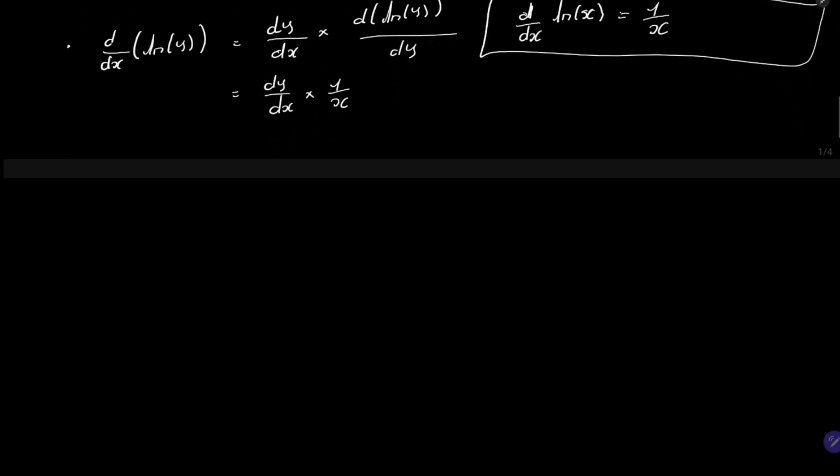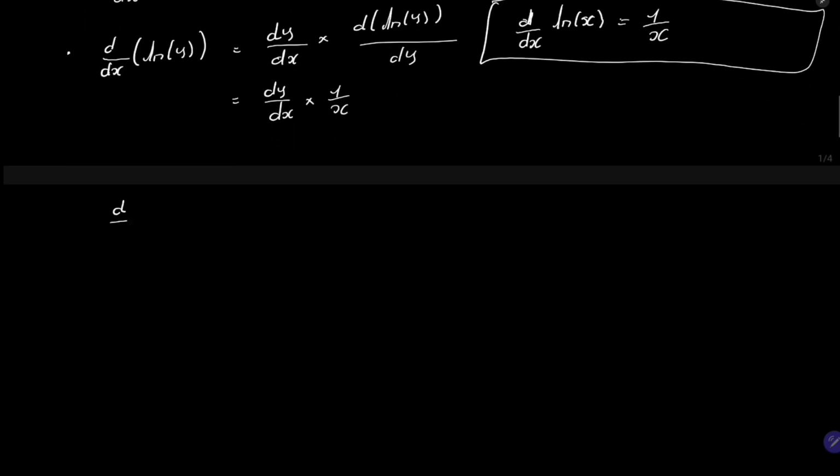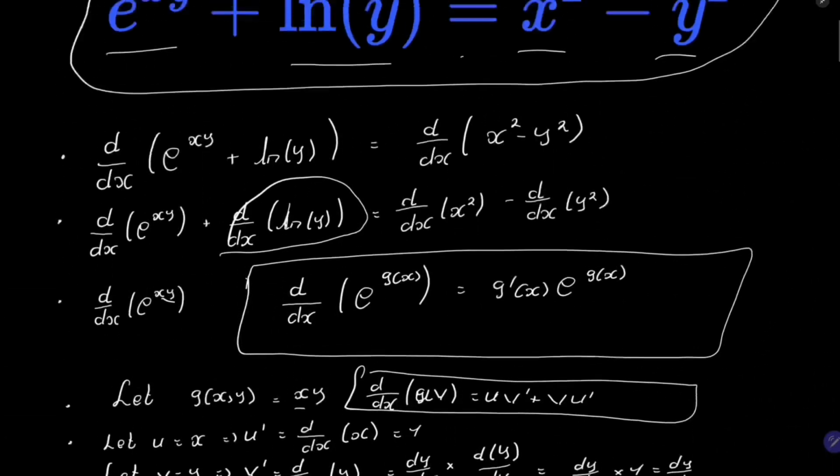So we can conclude that the derivative with respect to x of our term ln y is 1 on y times dy on dx. We are going to label this equation 2.